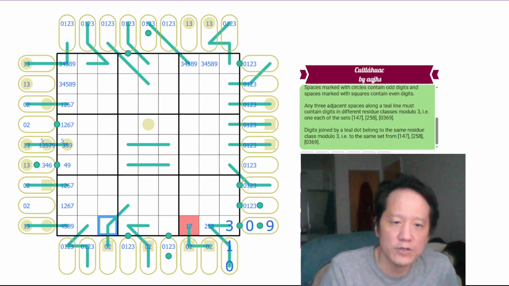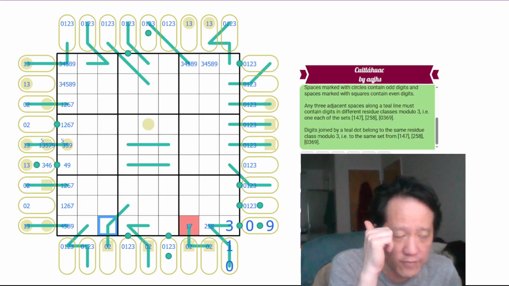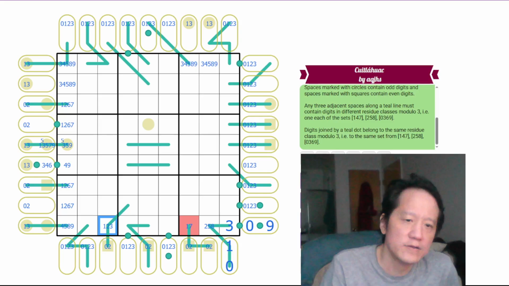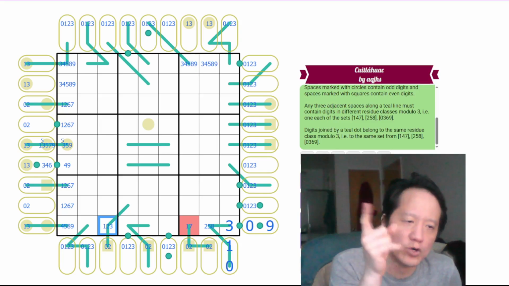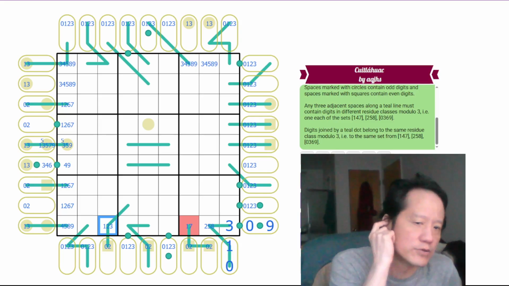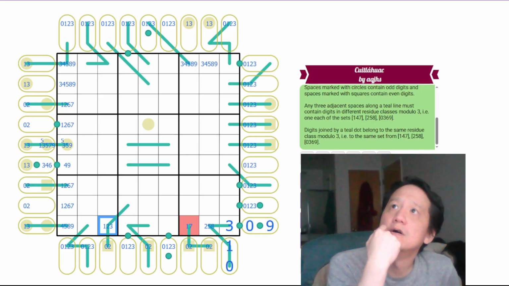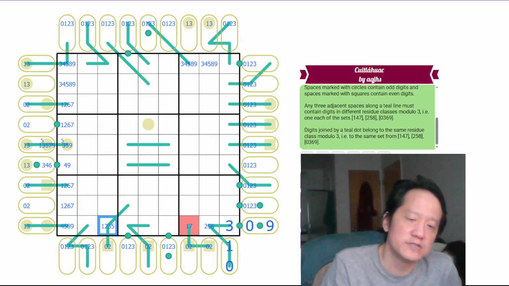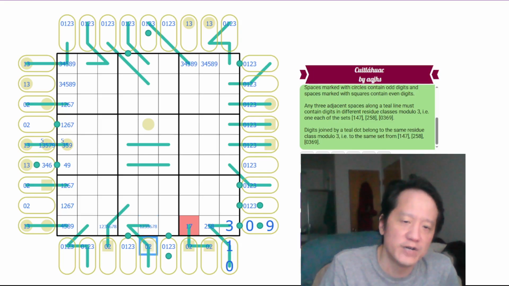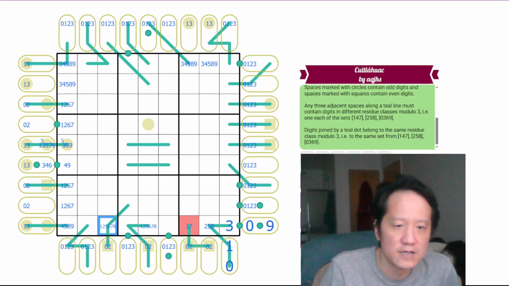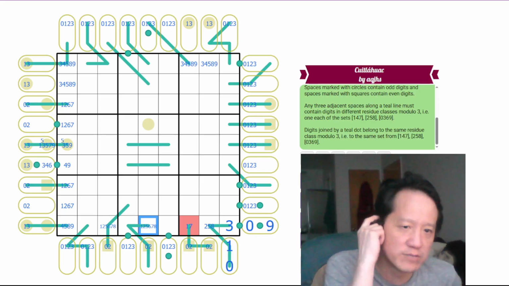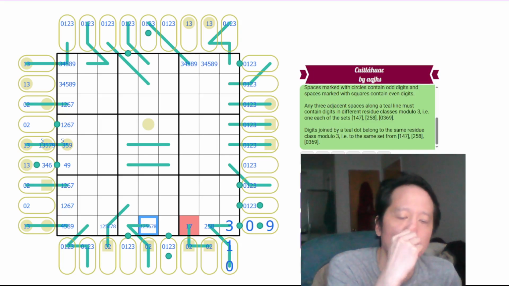So that would be 0 and 2 can be 1, 2, and 3, right? Because it can go 0, 1 to 0, 9, and 3 is included there. 4 cannot be. 5 could be. So it's 5, 6, 7, 8. So 1, 2, 3, 5, 6, 7, 8. So that's much less restricted. Or not much less, but less restricted there.